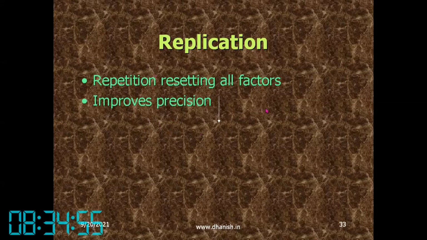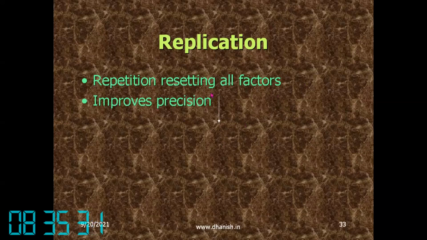The other point is resetting all factors. What do we mean by that? You adjust the factors again. For example, if you are setting some temperature at 100 degrees Celsius, and the last trial was 100 degrees Celsius and the next trial is also 100, you have to adjust and put it back to 100, because the variability in setting will cause variability in the response.